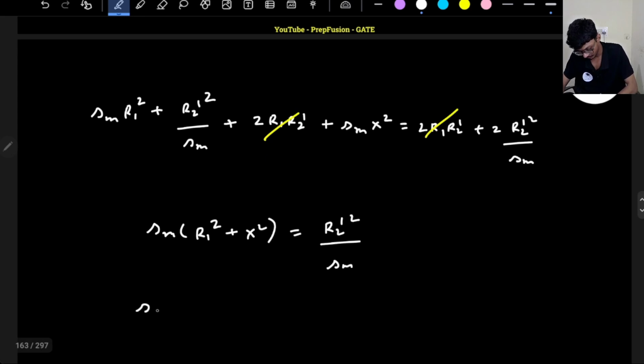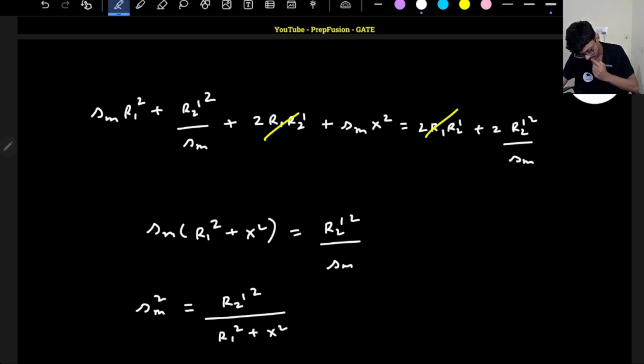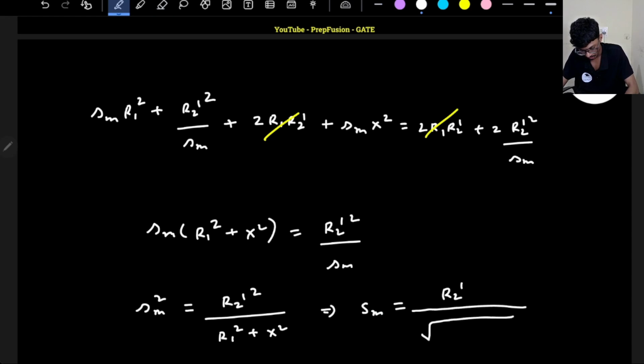So from here I can find out the value of maximum slip. Sm whole square comes out to be basically r2 dash whole square divided by r1 whole square plus x square. So my maximum slip sm comes out to be r2 dash divided by under root r1 whole square plus x square.